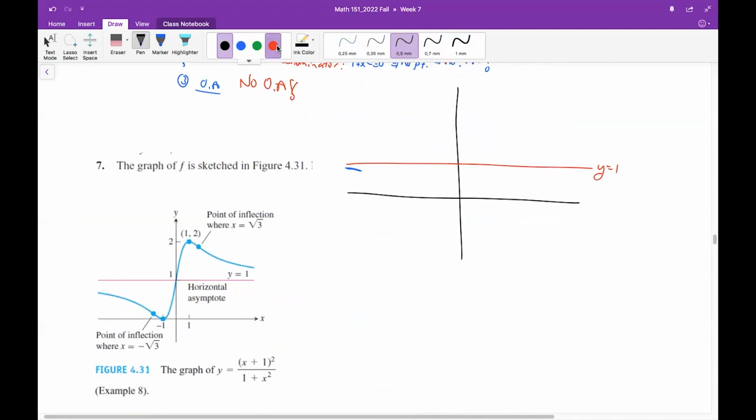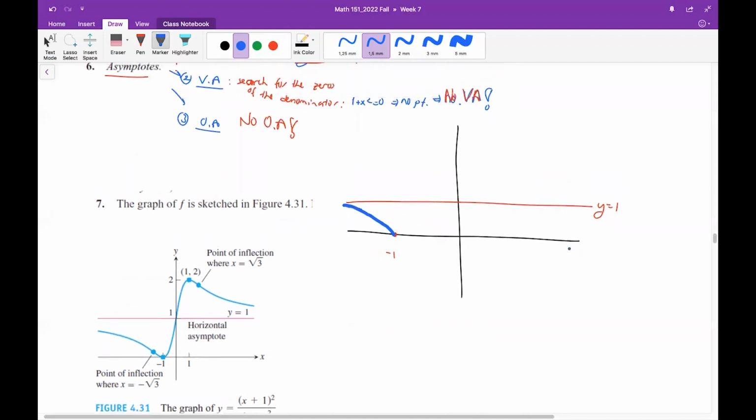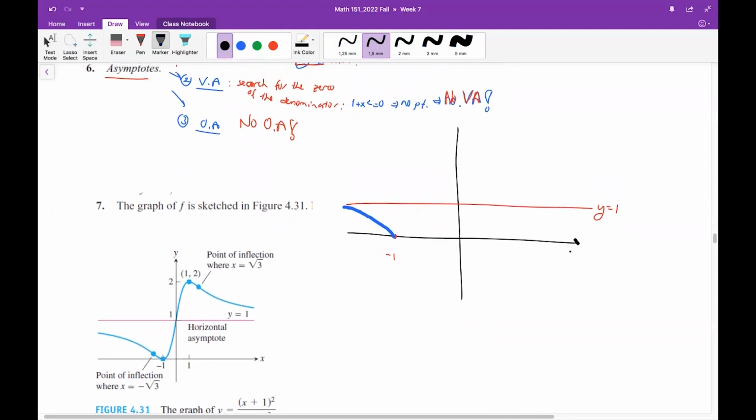So let's start drawing. Start at minus infinity, you are really close to y equals 1 line, which is horizontal asymptote. It will decrease like this and intersect x-axis at the point -1.